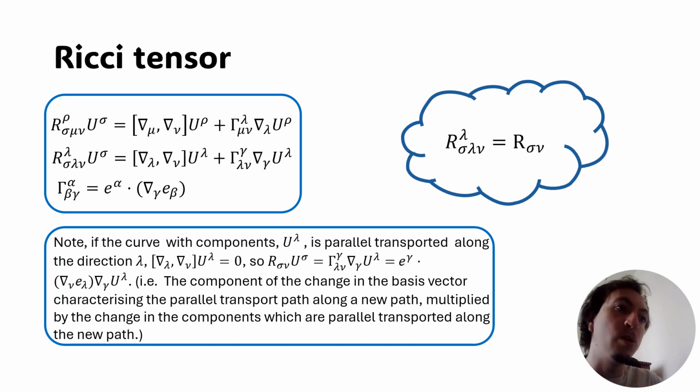So it's going from parallel transported to perhaps not parallel transported. That's a way to think about the Ricci tensor. It's essentially deviation from parallel transport.